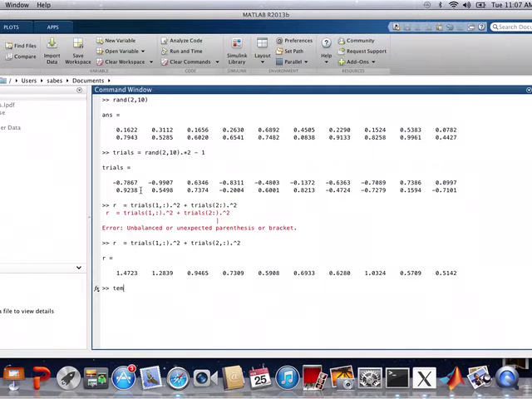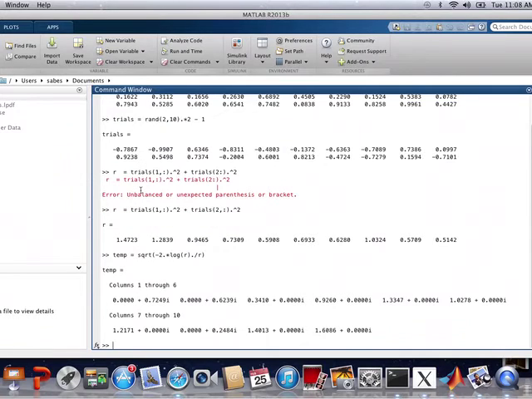So let's have temp equal to the square root of -2, and again it's array multiplication, so star, log of r, over r, and that gives us predictably complex numbers.